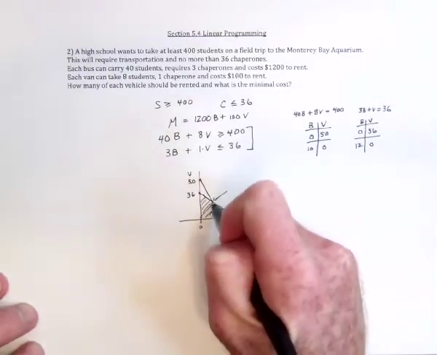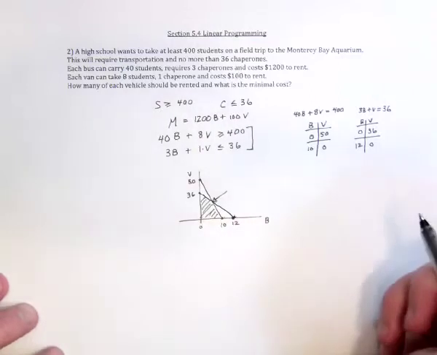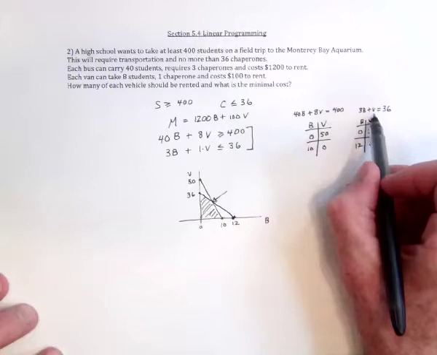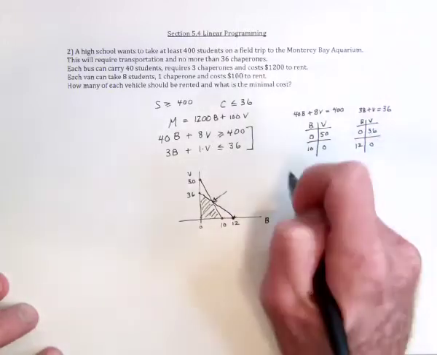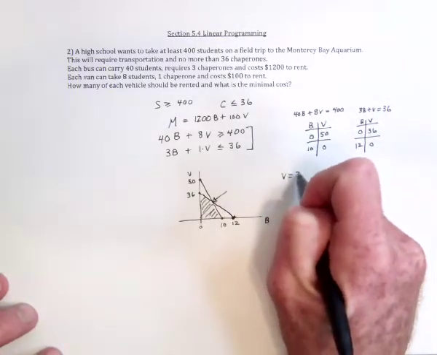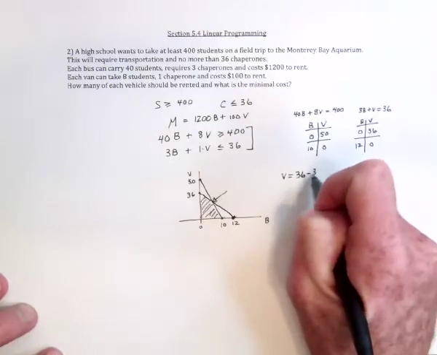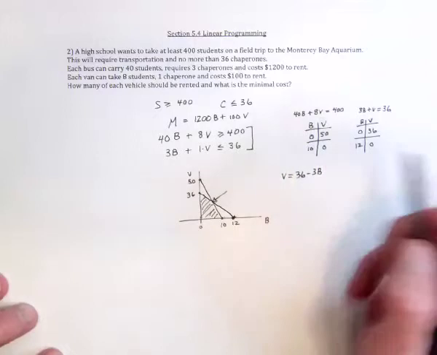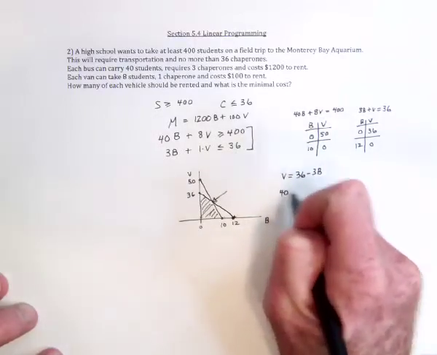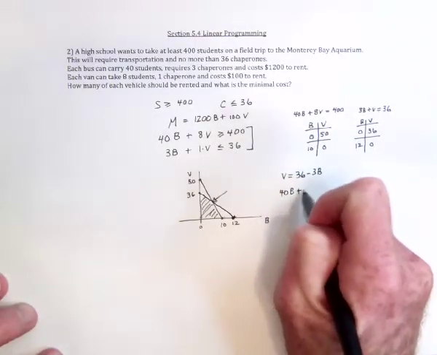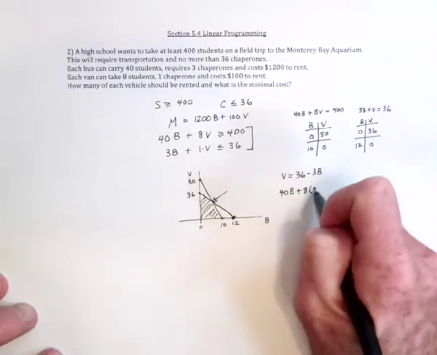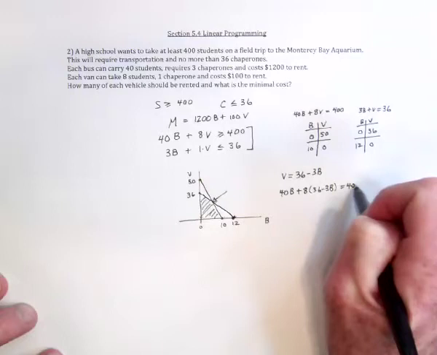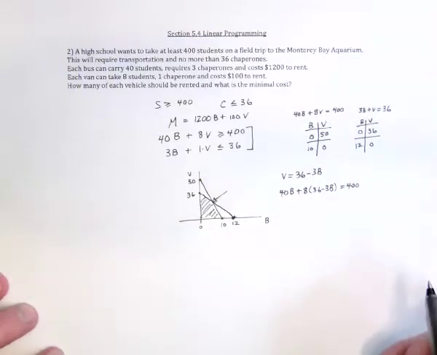And consequently we need to know where those two intersect. So in this equation, maybe I should use this one, solve for V. So V is equal to 36 minus 3B, and then substitute that information into this equation. So 40B plus 8 times the 36 minus 3B equals 400.